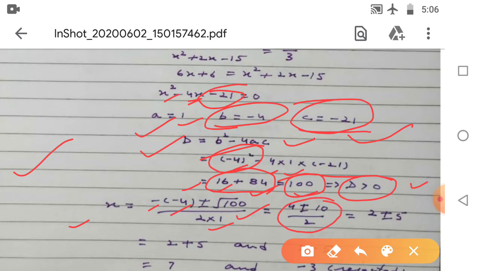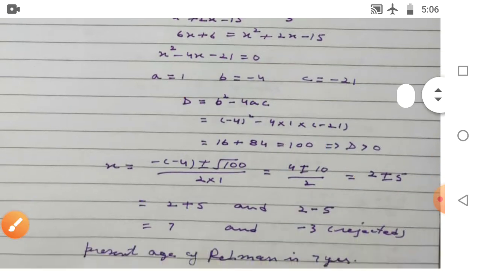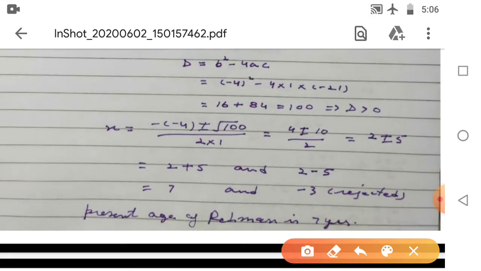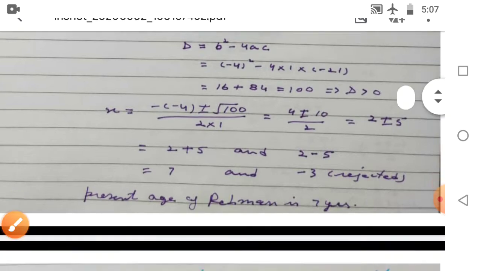When you take 2 common from the numerator, it becomes 2 plus minus 5, the denominator gets cancelled with 2, and we have 2 plus minus 5, right. One time you take plus, so 2 plus 5, and another 2 minus 5 is minus 3. Minus 3 is rejected because age cannot be negative. So, the value of x is 7. So, Rahman's present age is 7 years.